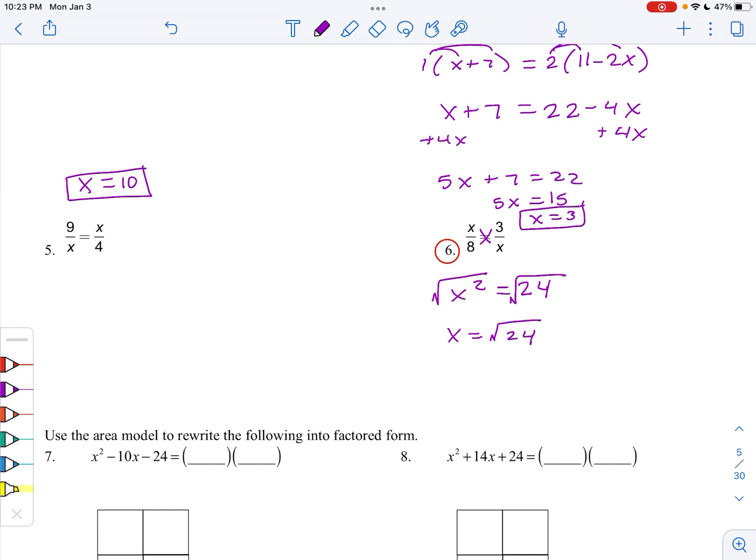Now, we know that good mathematicians always reduce their radicals. So I'm going to remind myself that 24 is 4 times 6. And I'm going to use that to reduce my radical because the square root of 4 is 2. Okay, so there is my answer.